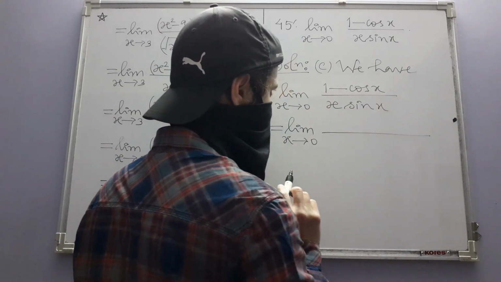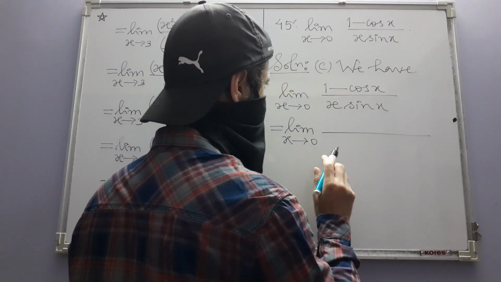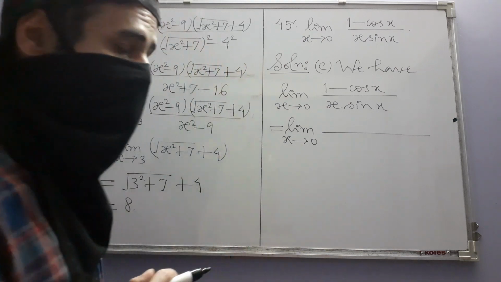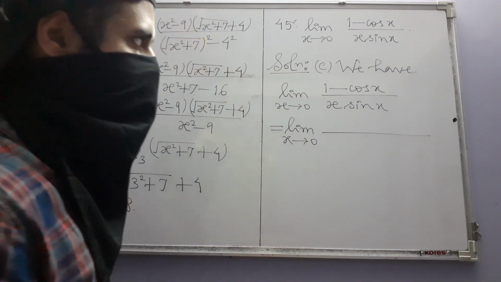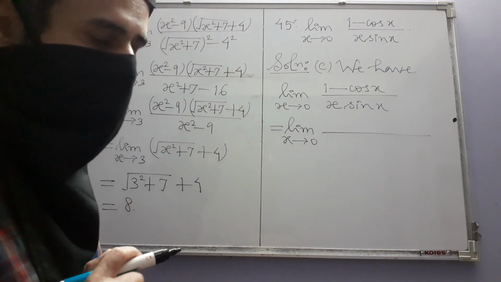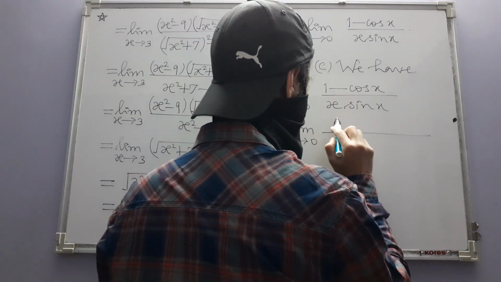So in place of the numerator, if you go back to the trigonometric identities, you will remember that there we came across half angle formulas.